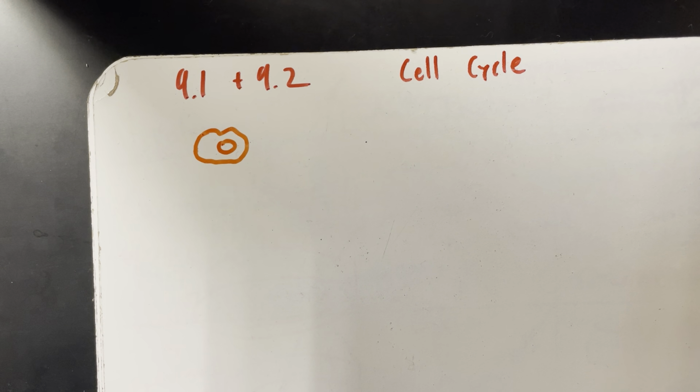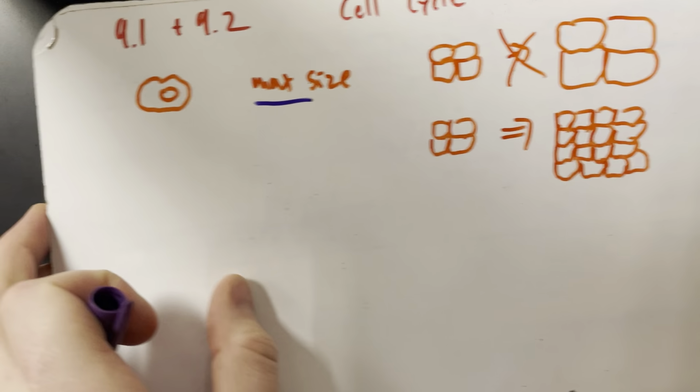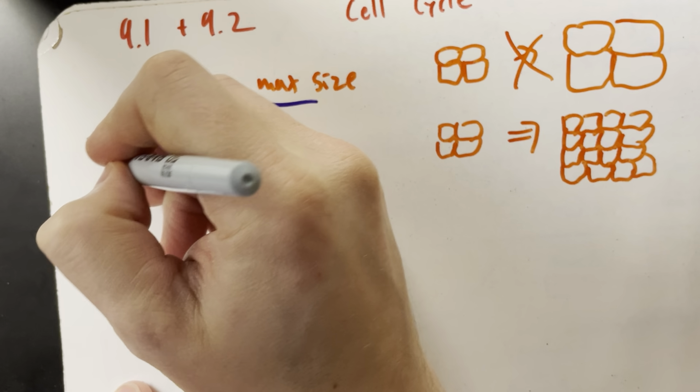It diffuses from the surface of the cell. But it uses oxygen based on its overall cellular metabolism, based on its overall volume. So there's a difference between the surface area and the volume.